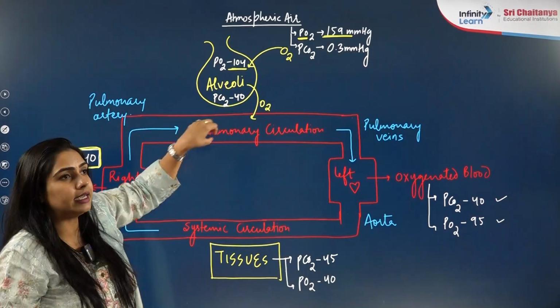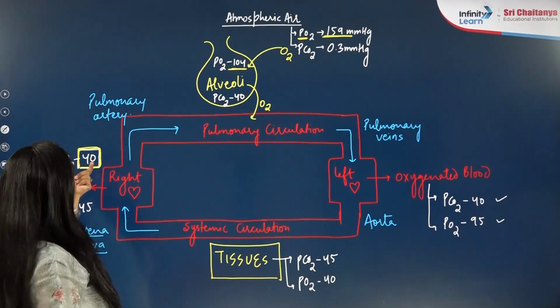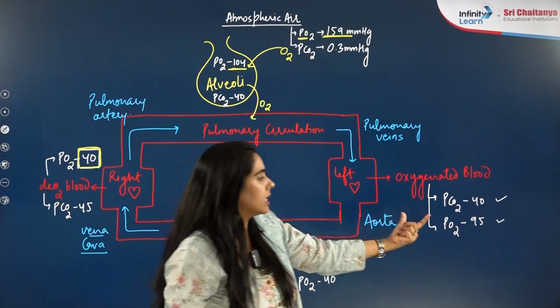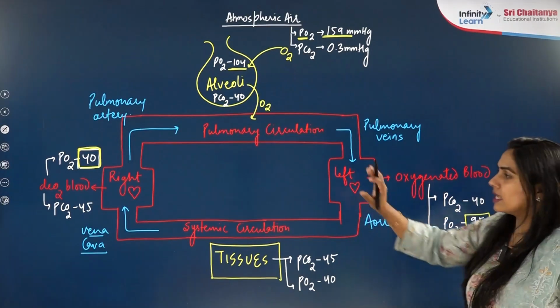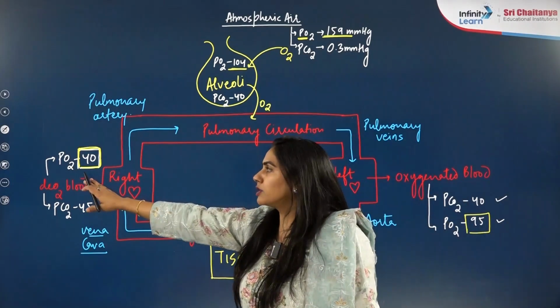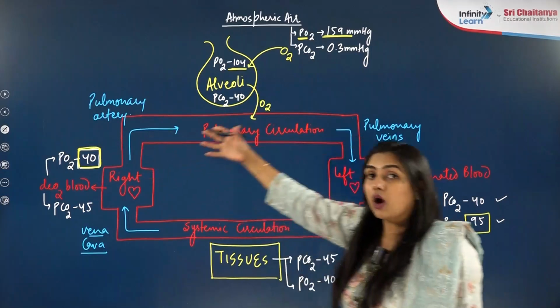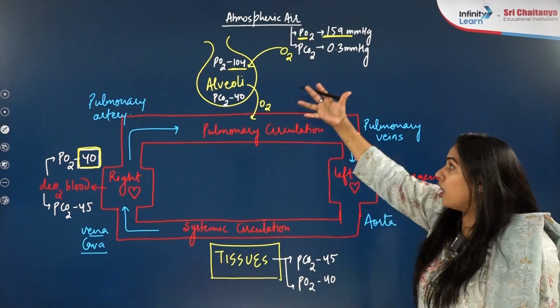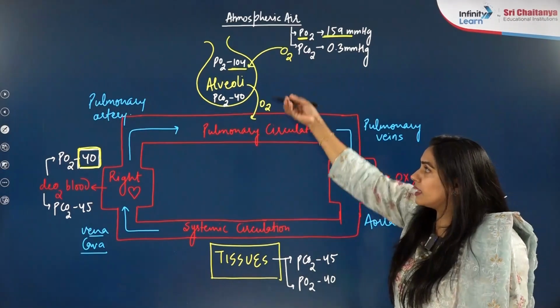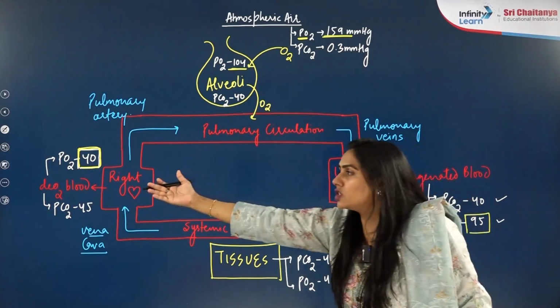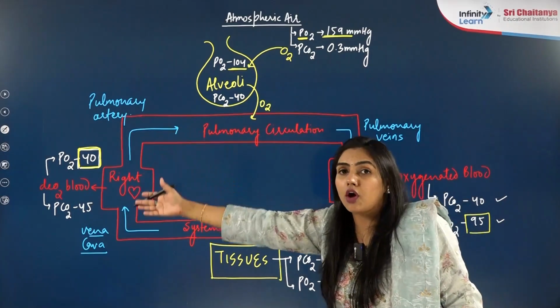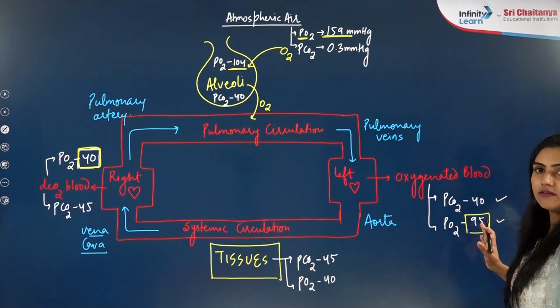When oxygen enters this blood, the partial pressure of oxygen will increase to 95. That means in the blood previously the partial pressure of oxygen was 40. Now, when this oxygen from the alveoli has come, the partial pressure of oxygen has increased from 40 to 95.